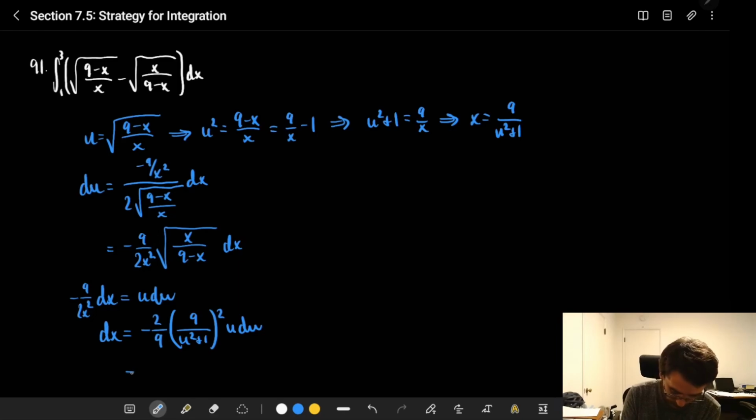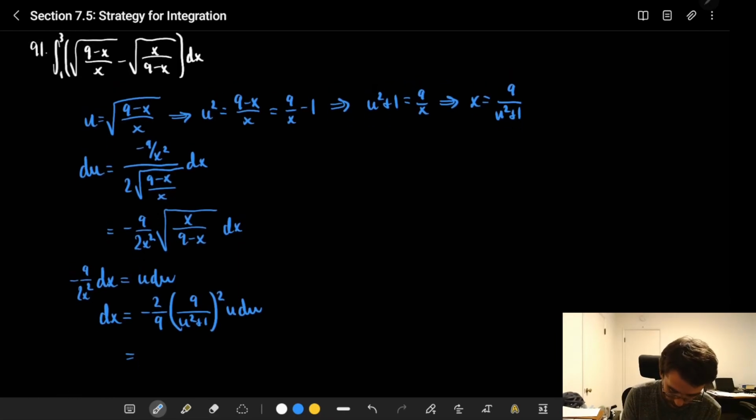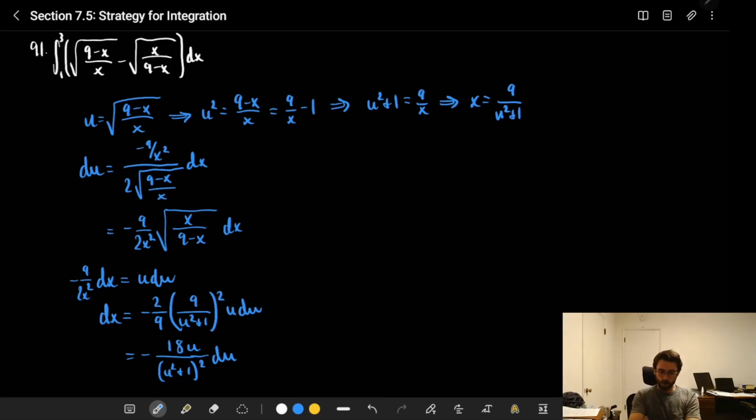Oh, if this works, I can't even imagine, honestly. One of the 9s will cancel. So you'll have negative 18 u, put that up top, u squared plus 1 squared. Yeah, looks good.